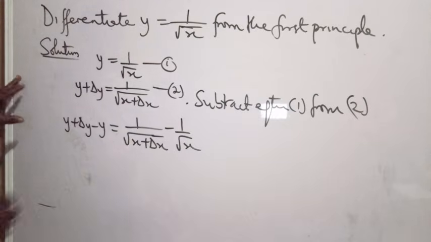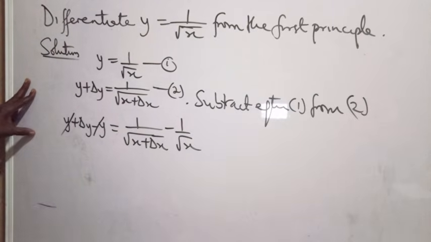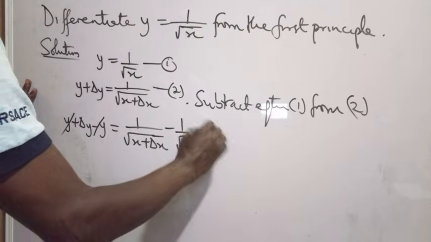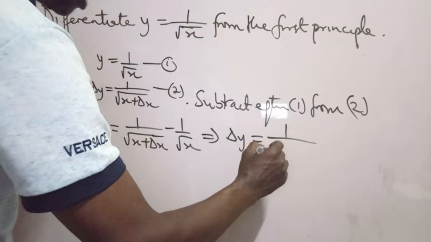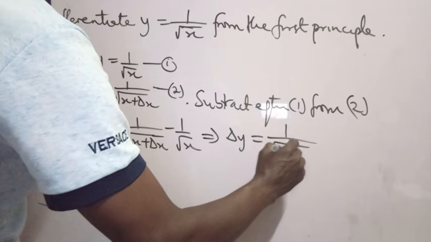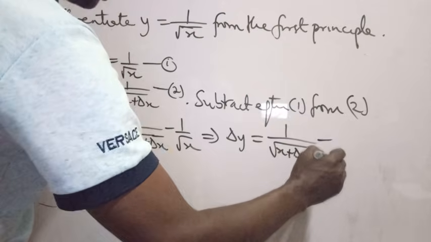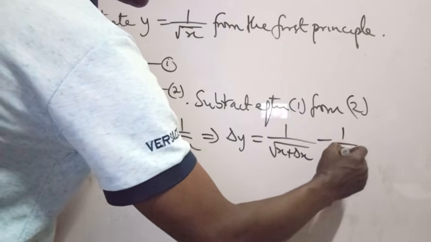Fine. So minus y and plus y cancel. This leads us to delta y equals 1 over root of x plus delta x minus 1 over root x.